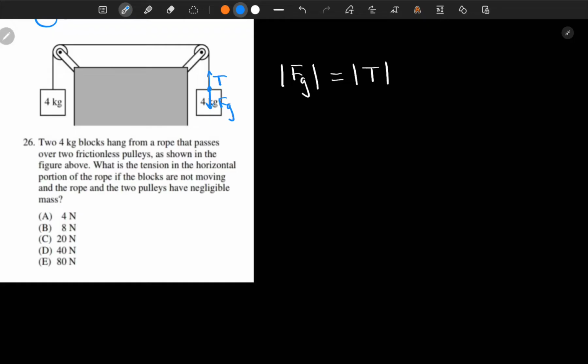And if this block is not to move, these two should be equal to each other. Then we have that T is equal to mg. Since we know m, and we always know that g is equal to 10, we find that the tension is equal to 4 times 10, which is 40 newtons. So the tension in the horizontal portion should be 40 newtons.